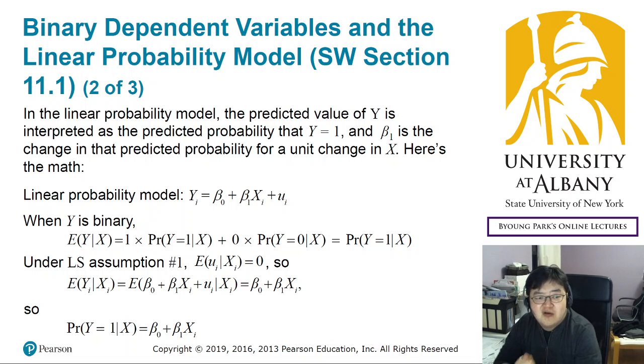Then you cannot explain the result directly, so the idea is to interpret 0.26 as the probability of acceptance, the probability that the applicant is accepted, conditional on the income.